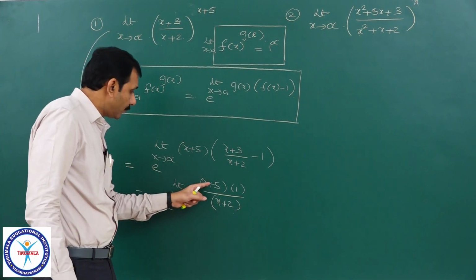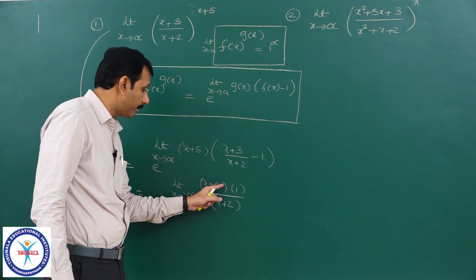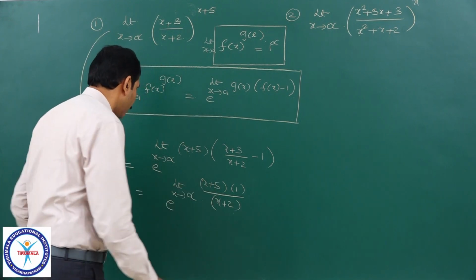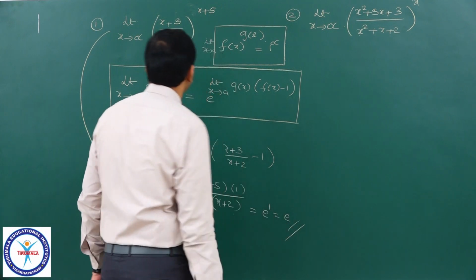As x tends to infinity, degree of numerator 1, degree of denominator 1, if you take x common, limit of this is equal to 1 only. It is equal to e power 1, e will be the answer.